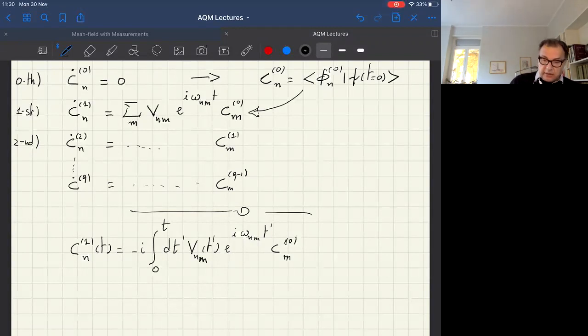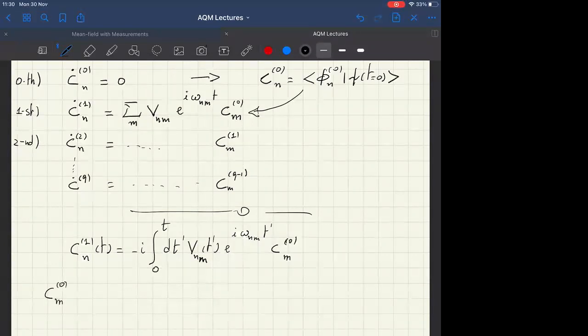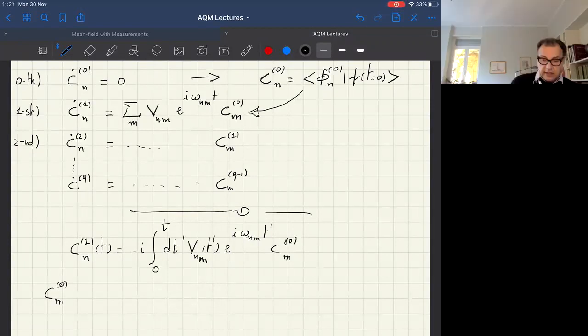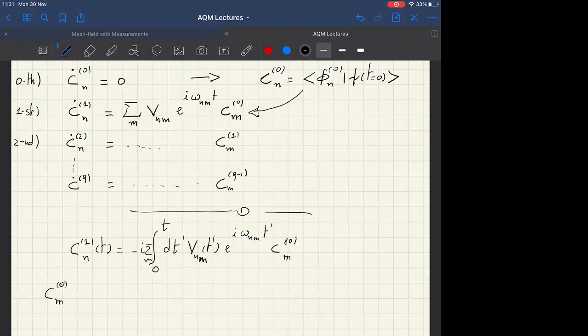Now, let me consider one particular case in which I start from a given eigenstate of the initial Hamiltonian. I have a question about where is the summation? I simply forgot the sum over m here. Thank you.